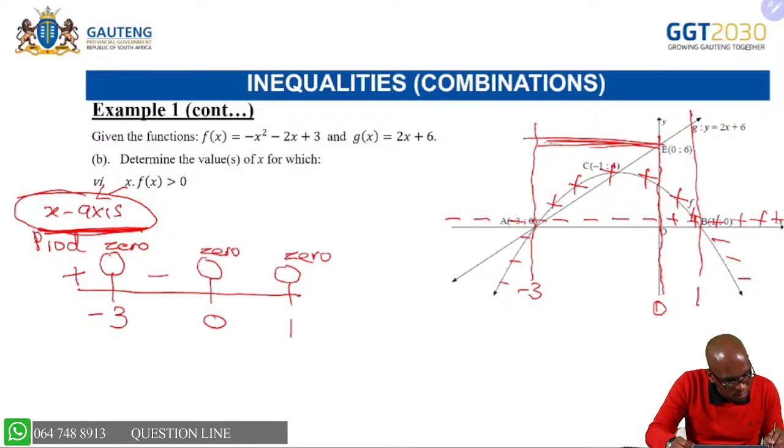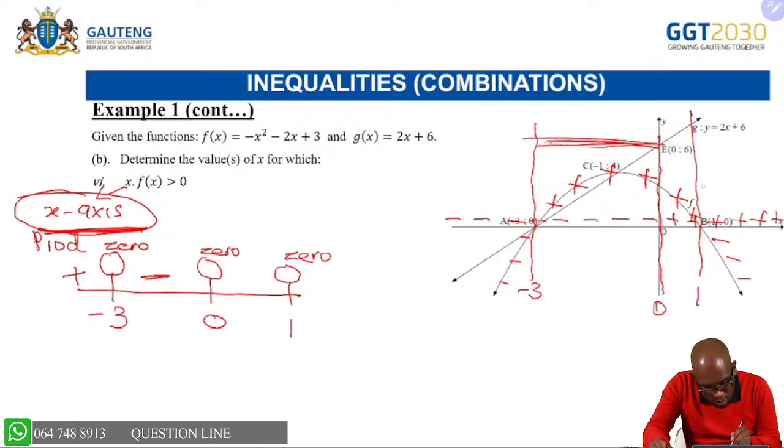So the combined effect would be negative. Between 0 and 1, in this region here, f is above the x-axis as well as the x-axis being positive. So the combined effect would be positive.